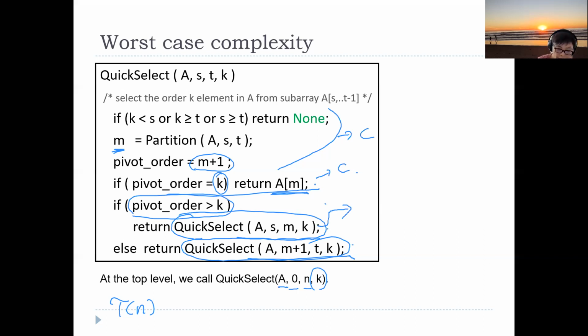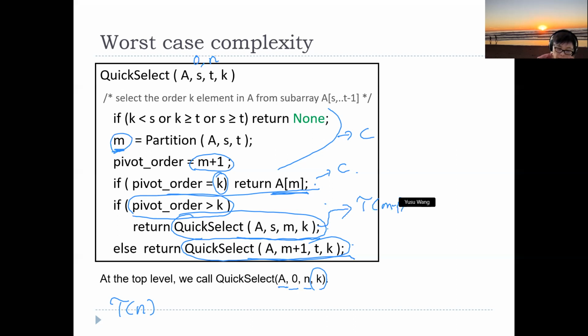Well, at the beginning we have s equal to 0, t equal to m. So if we go to the left, we basically only recurse on the left portion whose size is only m. In fact, the size is m minus 1.